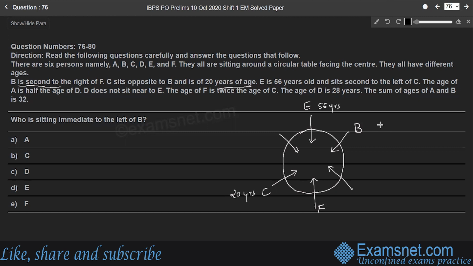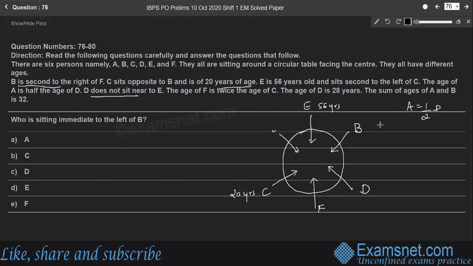Next, the age of A is half the age of D. And D does not sit near to E, so D cannot sit here near to E. Therefore, the position of D will be here.